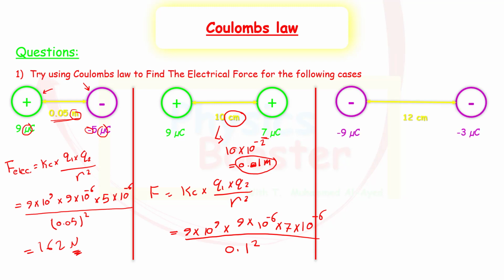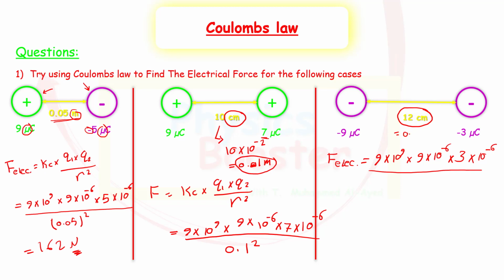And the final one is actually just like the one before it. You just have to concentrate on the unit. The electrical force F will be equal to Coulomb's constant, 9 multiplied by 10 to the power 9, multiplied by 9 times 10 to the power negative 6 because it's microcoulombs, multiplied by 3 multiplied by 10 to the power negative 6, and all of this will be divided by the distance.